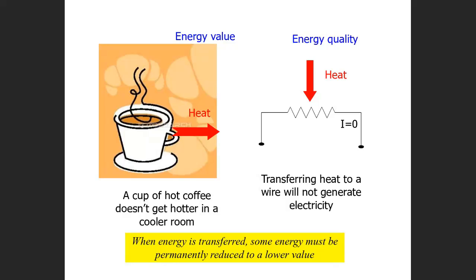Then we will think, can we make it happen? Can we extract heat from the cooler room and provide heat for the hotter coffee? Can we convert thermal energy to electricity?